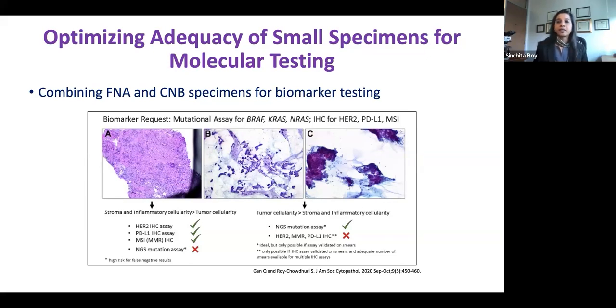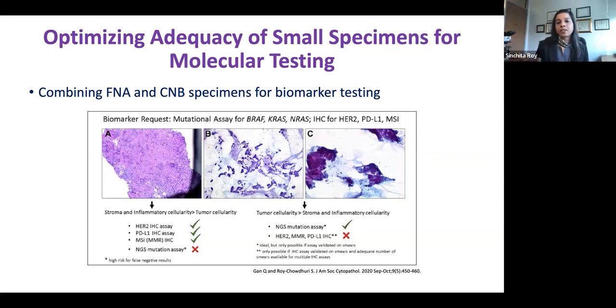Now, I've had people say that the molecular lab I'm using will only accept FFPE tissue. And I've told them that another option that you have, if you don't have a cell block from the FNA specimen, you could potentially scrape off the cells from a cellular smear, put it into a formalin fixative, spin it down, make a cell block out of those cells, and then use that for testing.